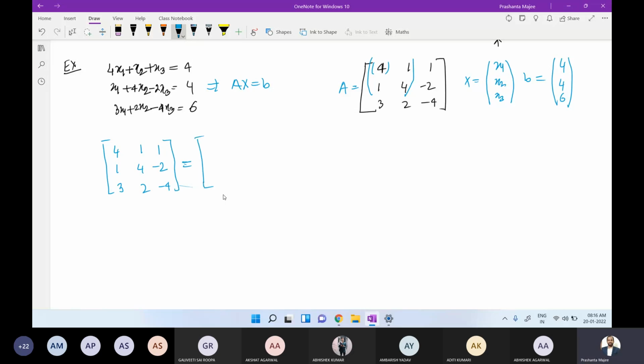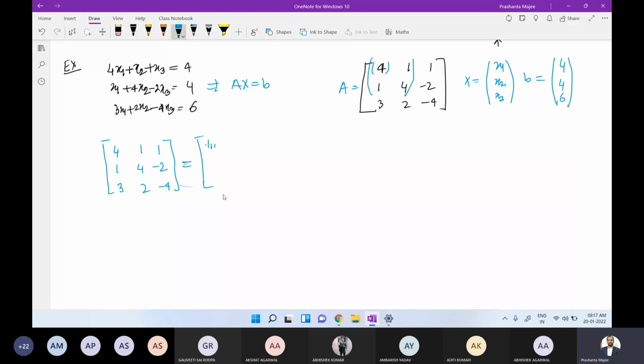We consider the diagonals of either L or U to be 1. Here I am considering the diagonal elements of the L matrix to be not 1 but the diagonal of U to be 1. You can consider either one.